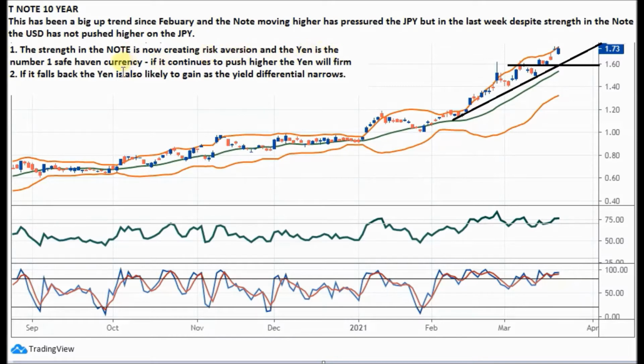And the yen is number one safe haven currency. So if the note continues higher, the yen will actually bring in money on its safe haven status. What if it pulls back? Well, the yield differential will narrow between US and Japanese bonds, so I'd still expect a correction in the USD.